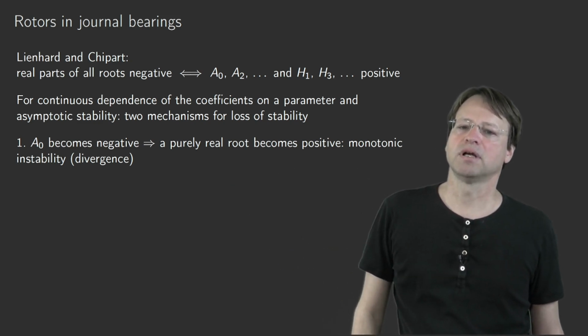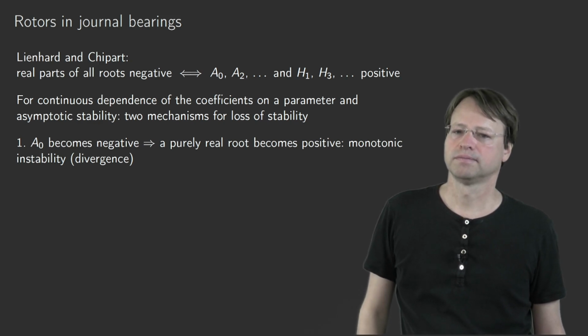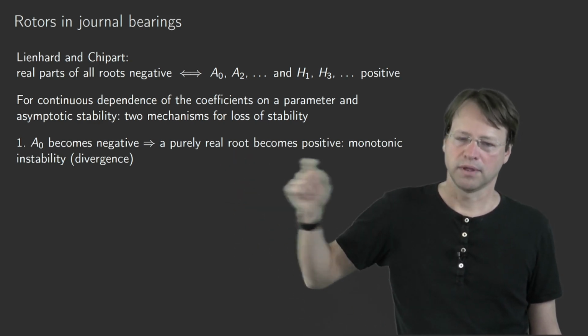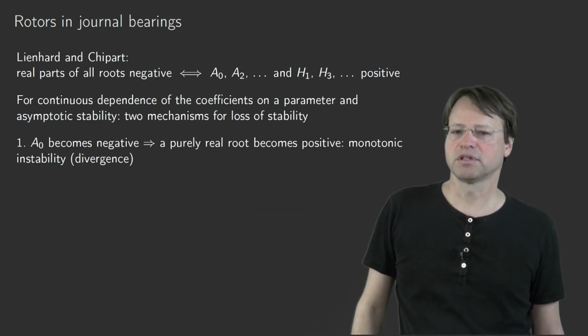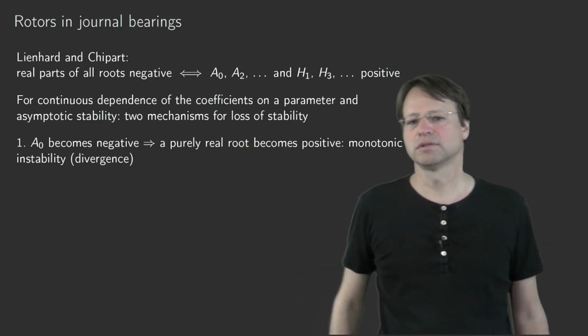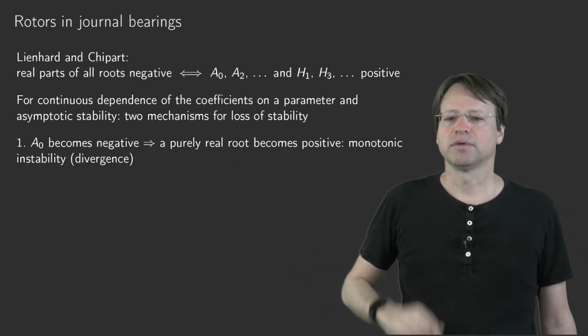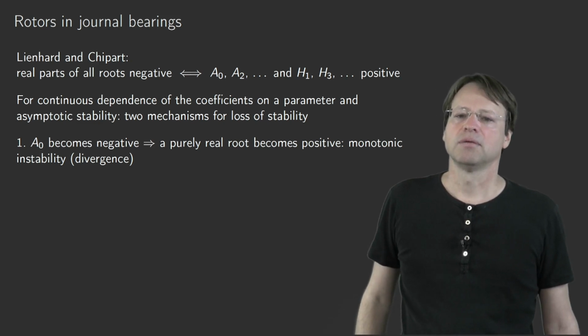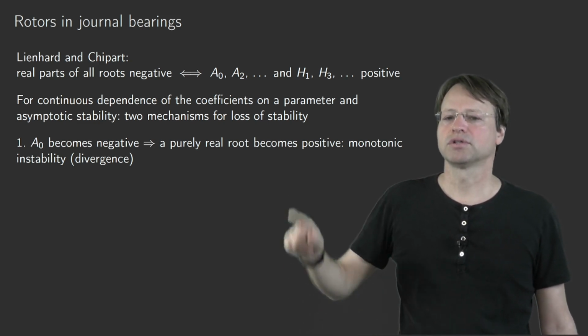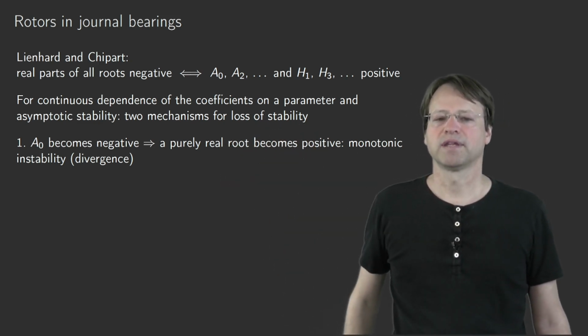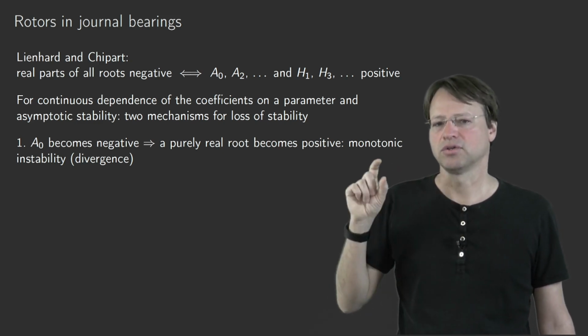This is the case if one purely real root becomes positive. So the real part then obviously is positive. It's a real root. And this is monotonic instability. Monotonic instability because it's a purely real root. It's not a complex conjugate. It has no imaginary part.